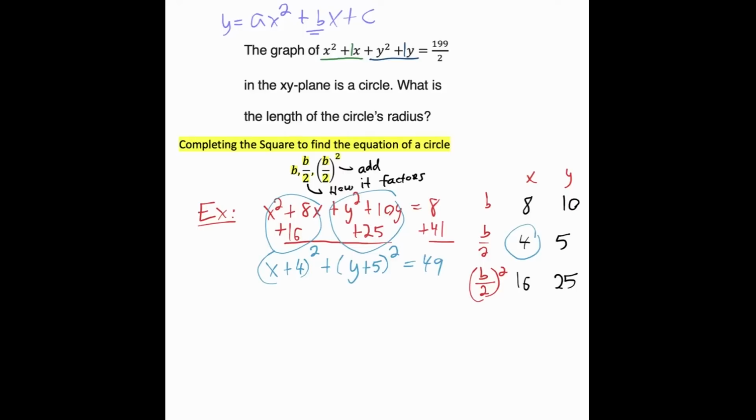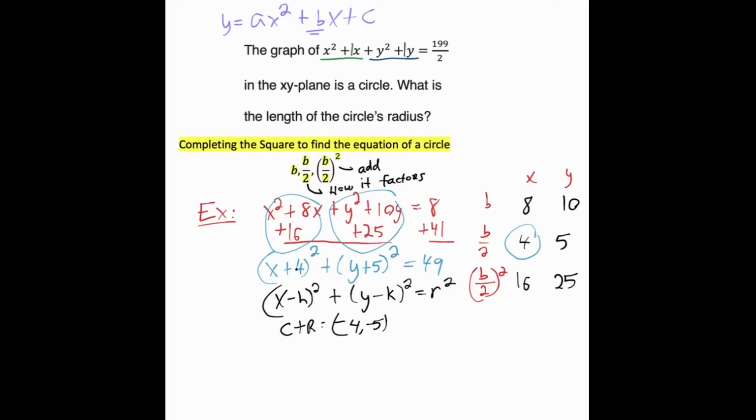So now this perfectly fits into the equation of a circle formula. x minus h squared, y minus k squared, equals r squared. And we can tell that the center of this circle must be -4, -5. That's because the equation has some opposites in it.